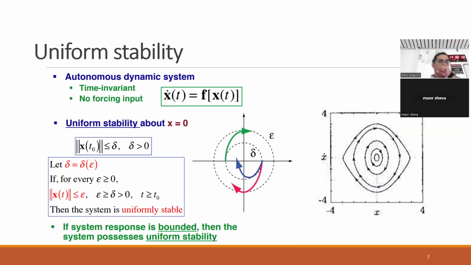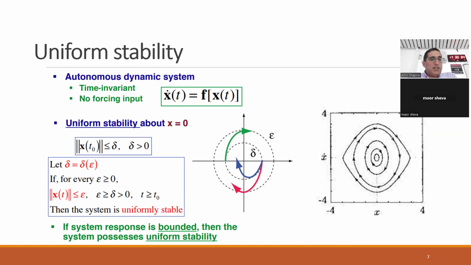The first type of stability that we talk about is uniform stability. So an autonomous dynamic system, autonomous meaning it doesn't depend on t directly, it depends on f of x.